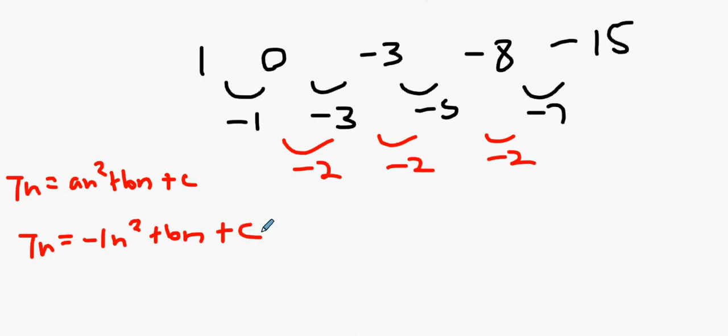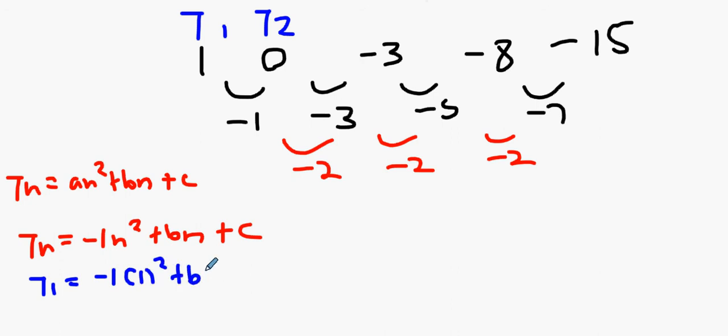Now you're going to work with T1 and T2. That's T1 and that one is T2. Okay. Now what do we get now, guys? So what do I replace 1 with? Replace n with 1. We should get an answer of 1.